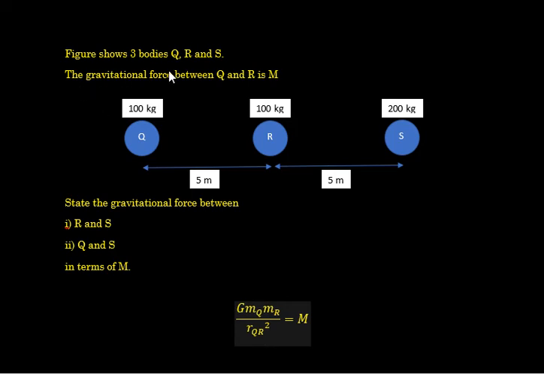If we translate the first line into an equation, we get G mQ mR divided by rQR squared equals M.